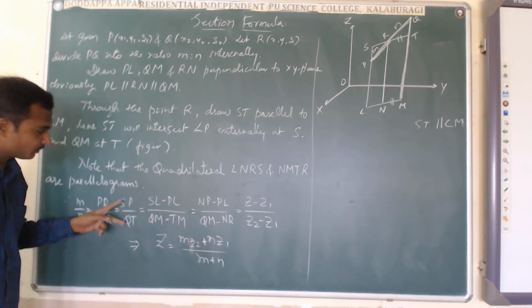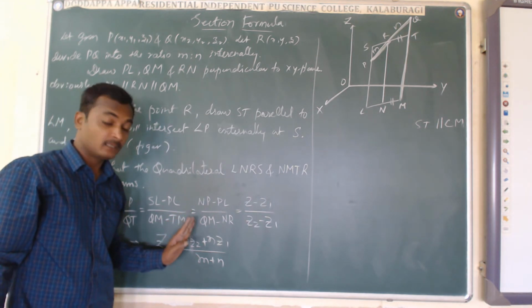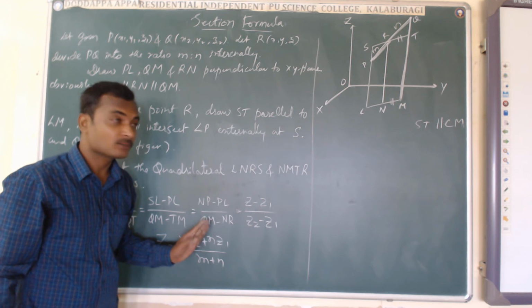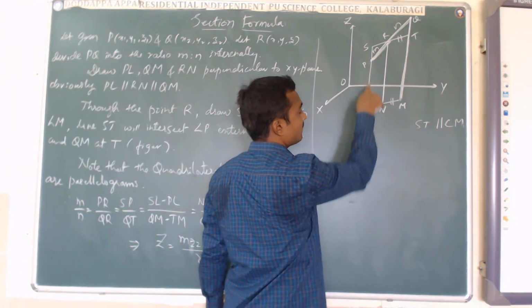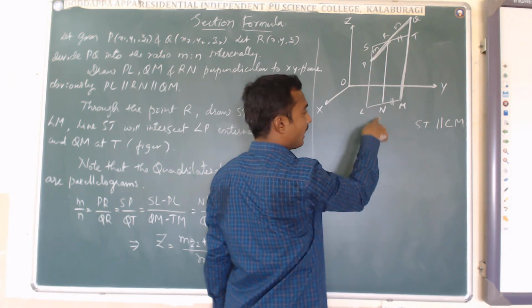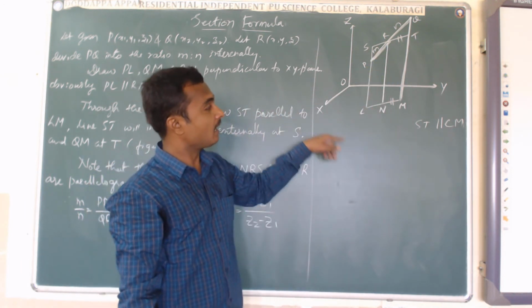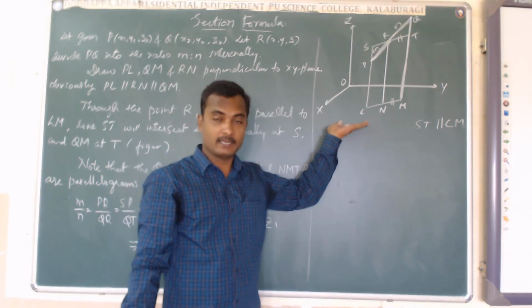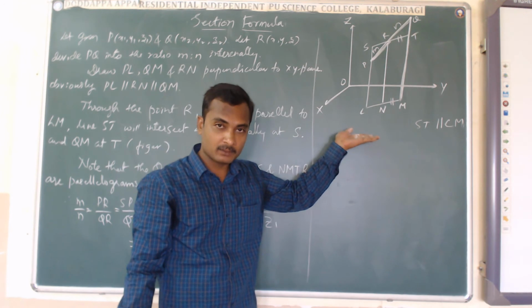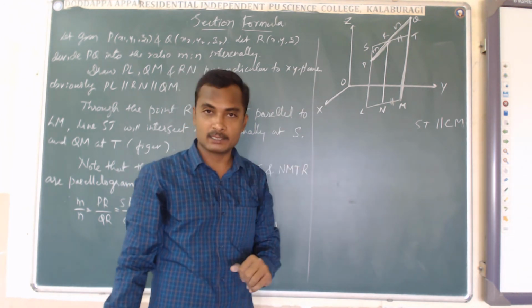Similarly, these two proportions will be written here. As these lines PL, RN, QM are perpendicular to the XY plane, they are parallel to the z-axis.